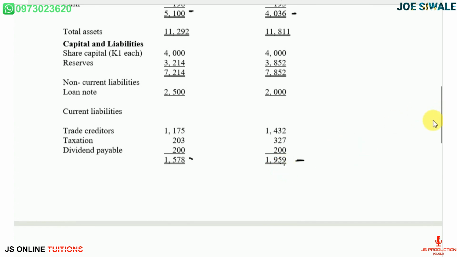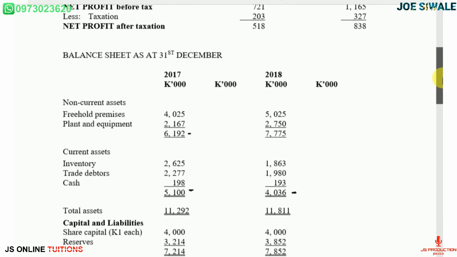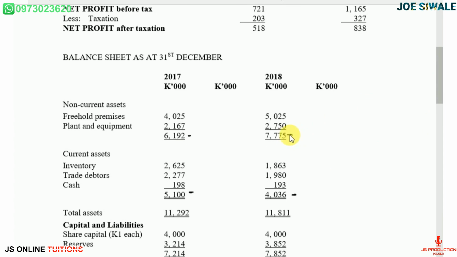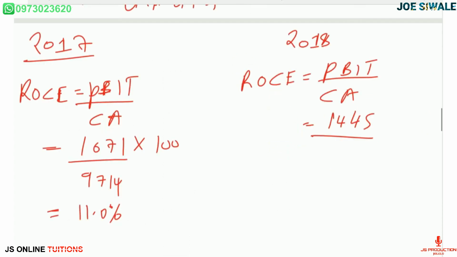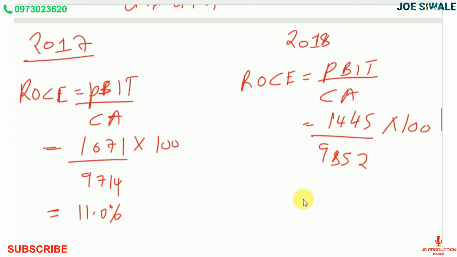Your answer is going to be your working capital, and after you do that, you add 7775, and your answer is going to be 9852 multiplied by 100, and the answer there is going to be 14.7%. And as you can see here, we can compare the return on capital employed for 2 years.